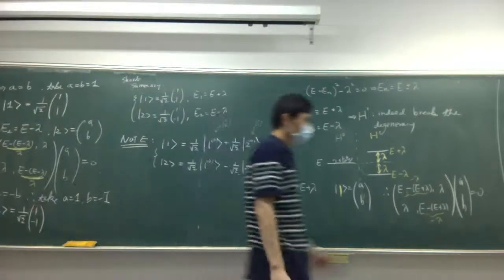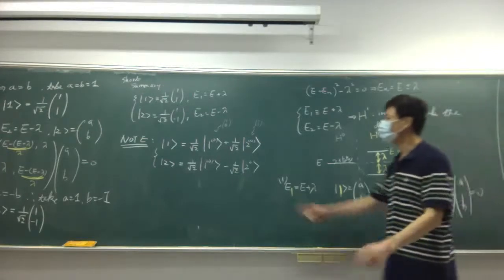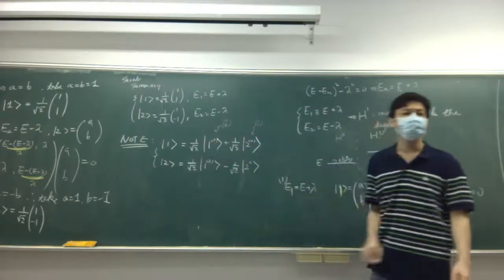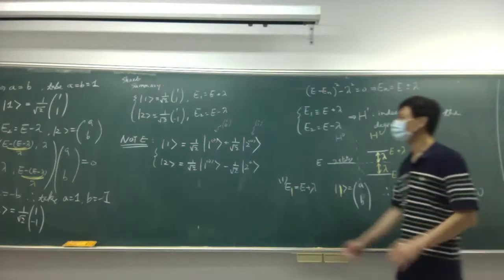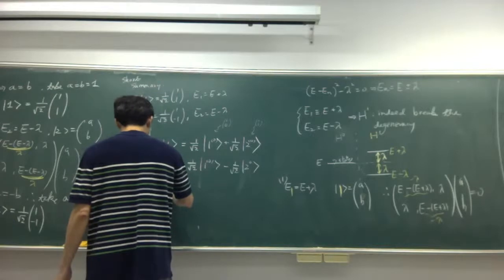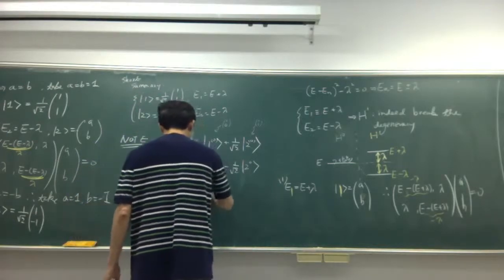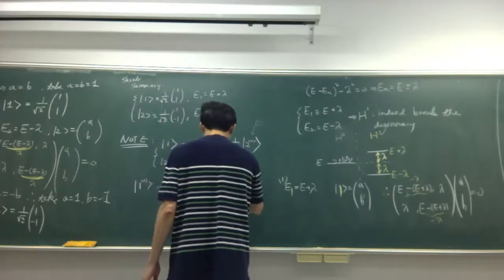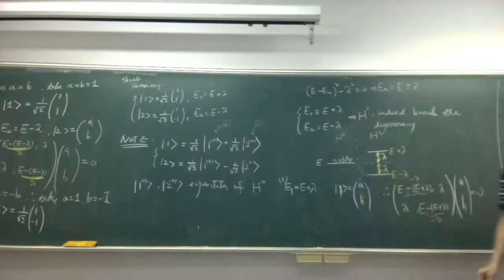And because |1> and |2>, in this case, are linear combinations of |1,0> and |2,0>, and |1,0> and |2,0> are eigenstates of H0, right? Okay. So what happened?